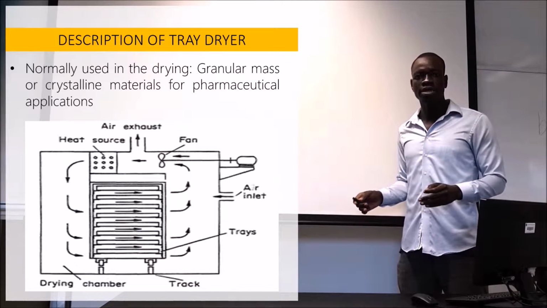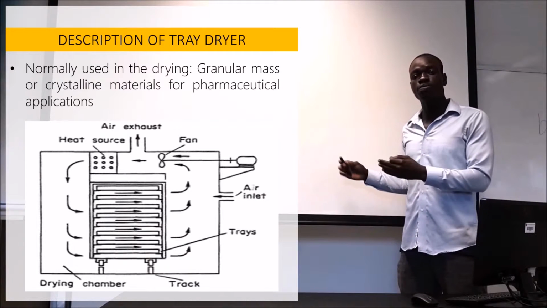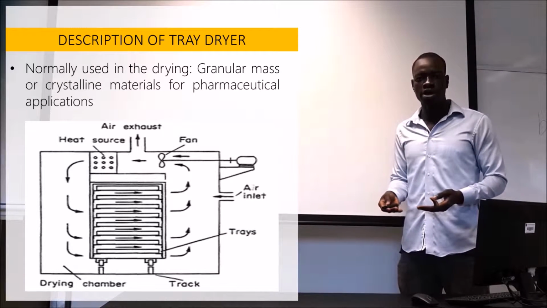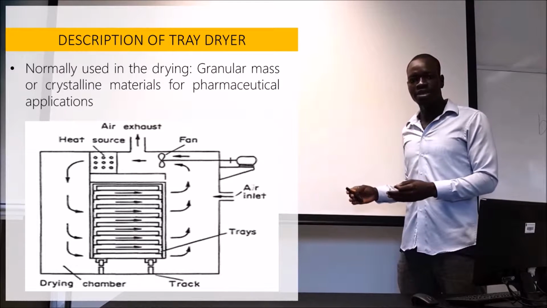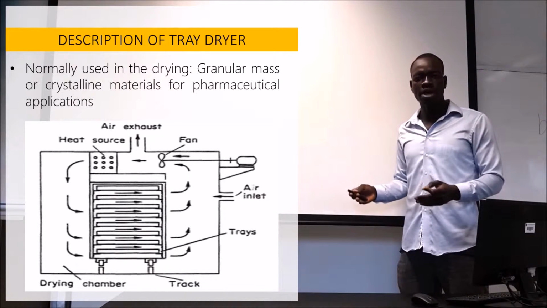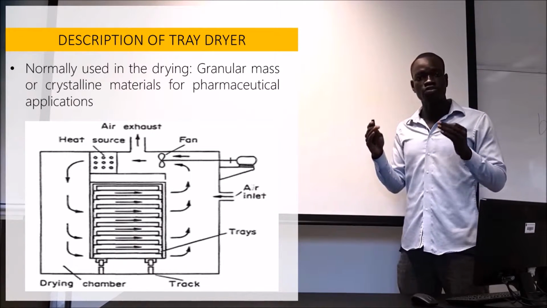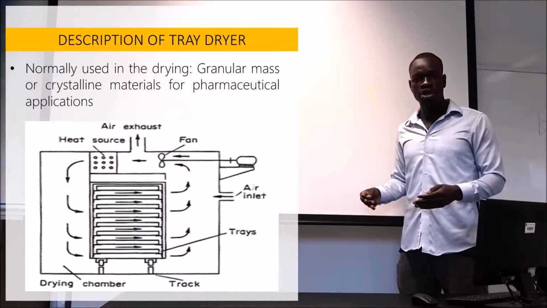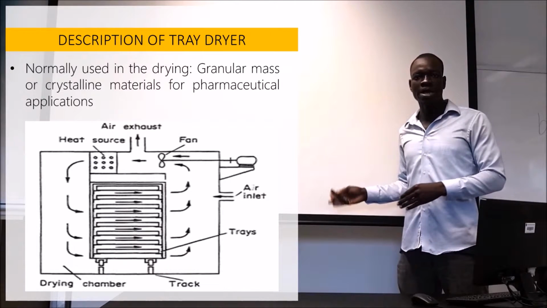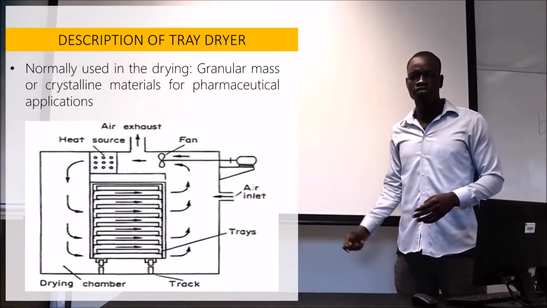The tray dryer is provided with solid, which is supposed to be dried and then put back into the dryer. The air that circulates around heats up, and from there the liquid in the solid is evaporated, and then it passes through the upper hole, which is the exhaust.